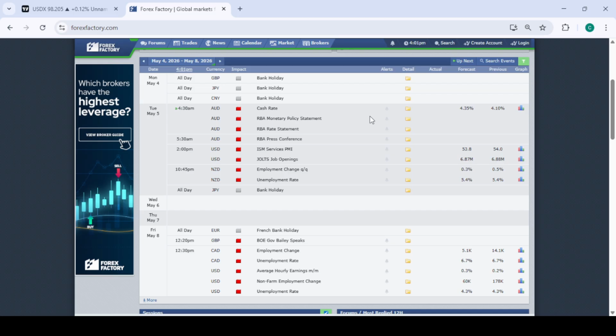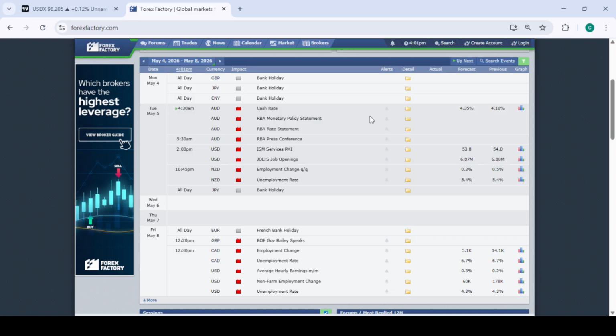So for this week, we have a bank holiday for GBP, JPY, and Chinese yuan on Monday. On Tuesday, we're going to have the AUD cash rate, the monetary policy statement, which is a very high impact news for the Australian dollar. So you have to take note of that.